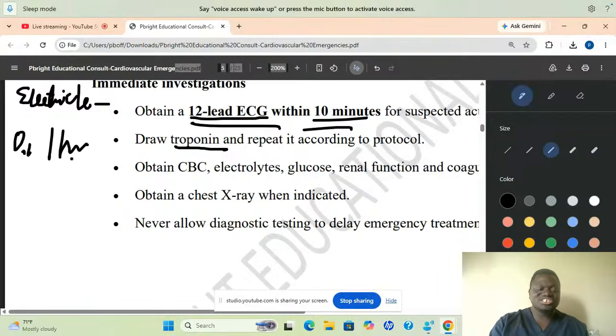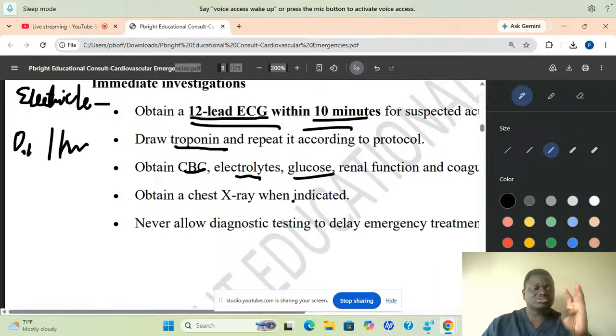There is no way you can say you forgot that you needed to do a second troponin blood draw. Yes. So you do your troponin, CBC, electrolytes, glucose, emergency glucose, renal function test, coagulation cascade.